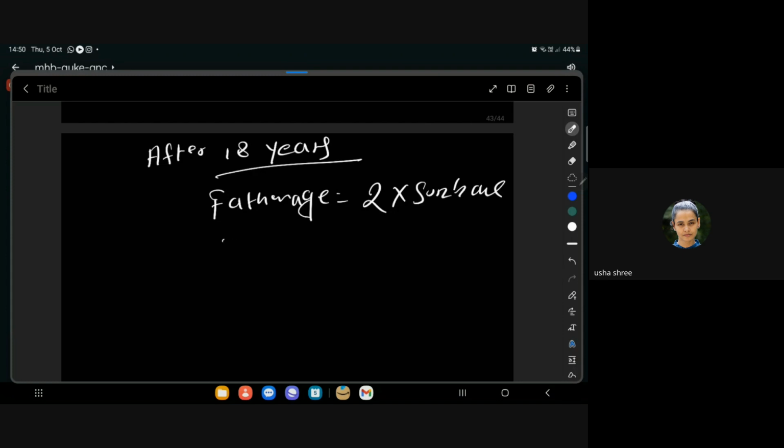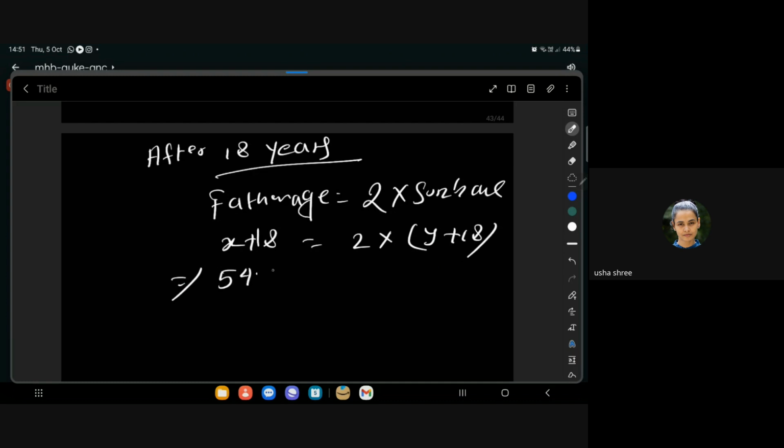Father's age will be x plus 18, and the son's age will also be increased by 18 years. So x, you already know the value of x.